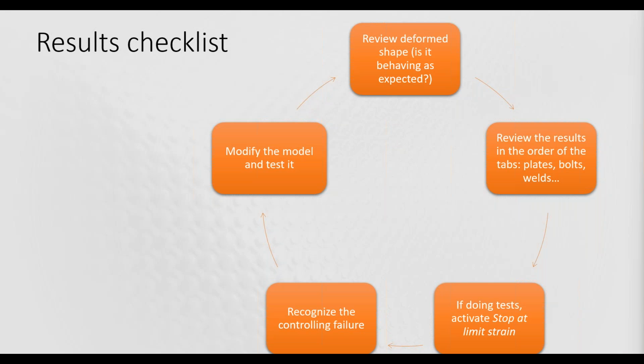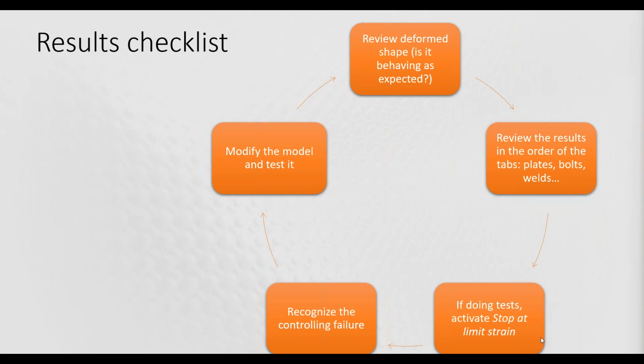And then if you're changing some things of the connections, I always recommend to activate the stop at limit strain. That will help you to reduce the time of analysis, because that will stop the analysis whenever you have a failure, either in plates or bolts or welds. So that will help you when you're doing tests.